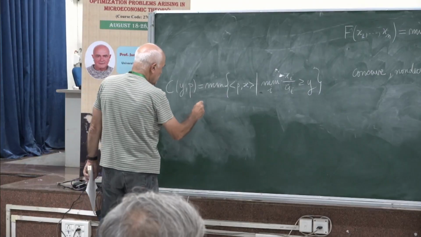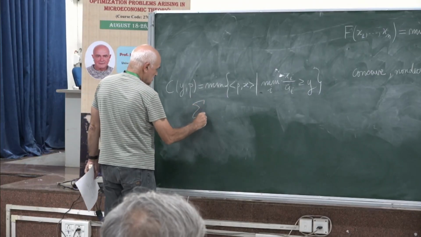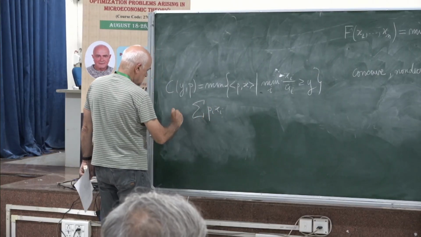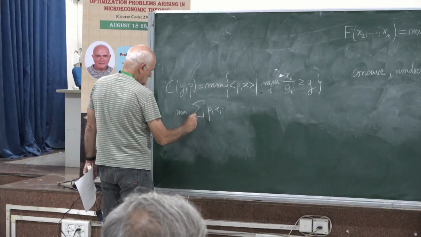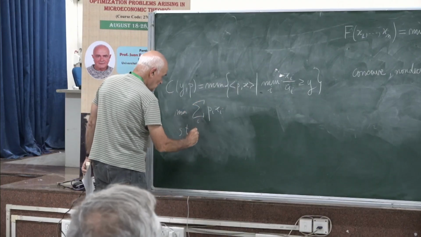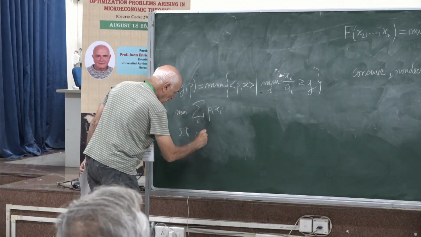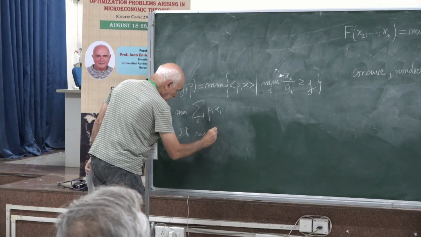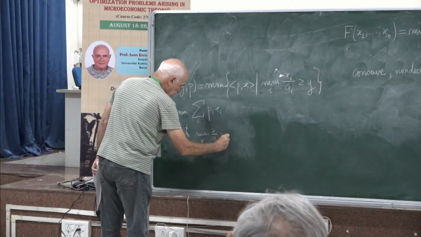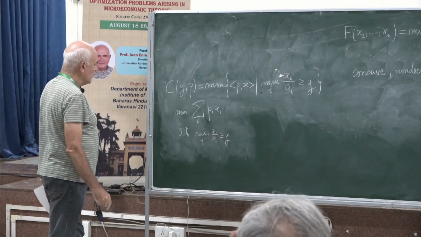So we have to minimize the sum of pi xi subject to the minimum of xi over ai greater than or equal to y.